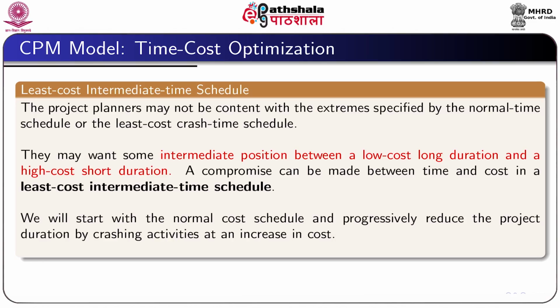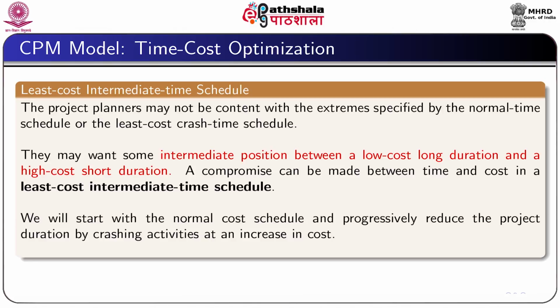But in the compromise solution, that is the least cost crash time schedule, the duration remains 15 weeks, but we are able to reduce the cost to 45,000. Thus, the compromise solution may be more acceptable than the two extreme solutions, that is the normal time schedule solution and the crash time schedule solution. Now, we proceed to discuss the least cost intermediate time schedule.